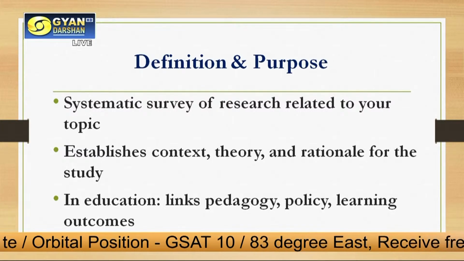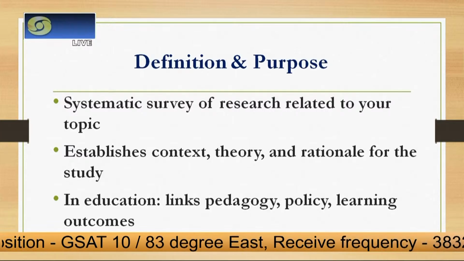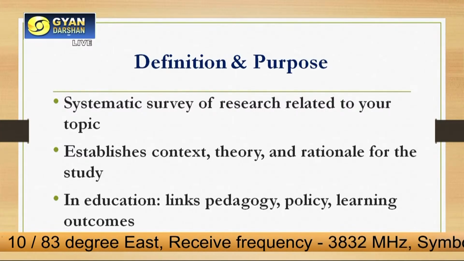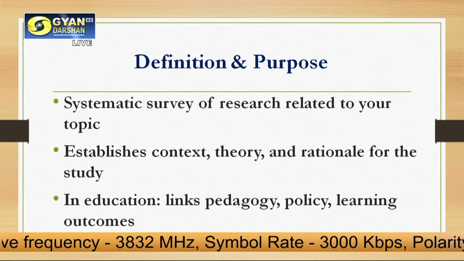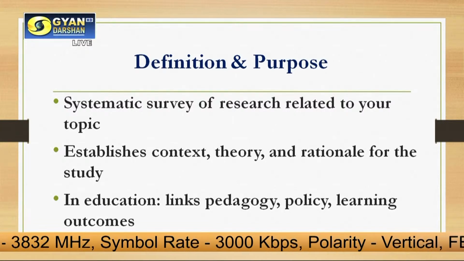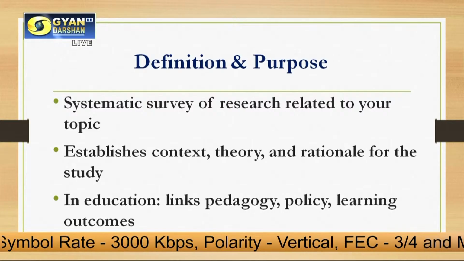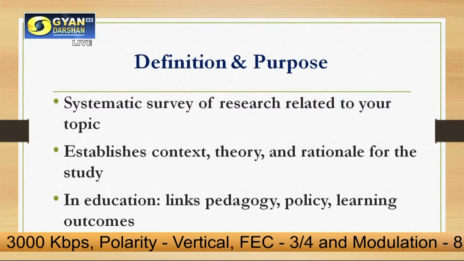As I said, we will identify the topic, or the variable that we are going to work on. Say for example, academic achievement is a variable, intelligence, motivation, so there are many such variables.